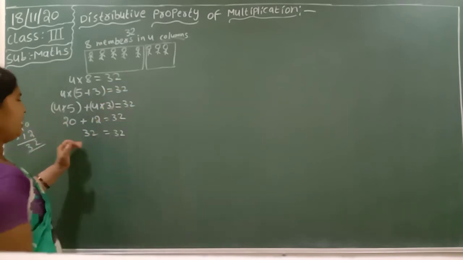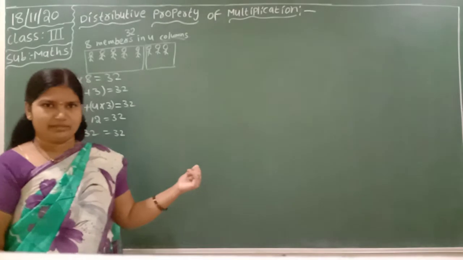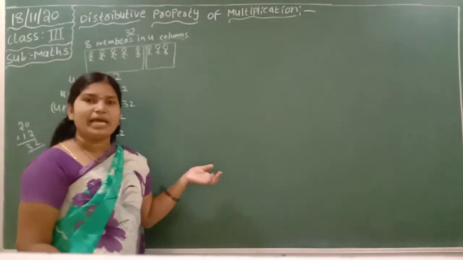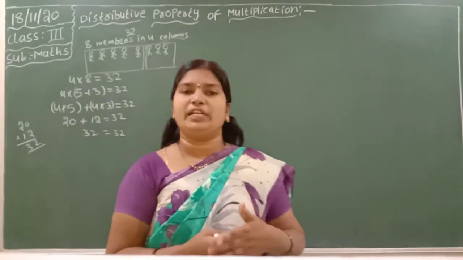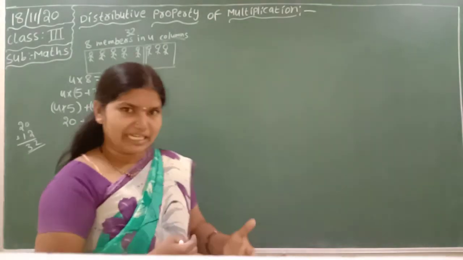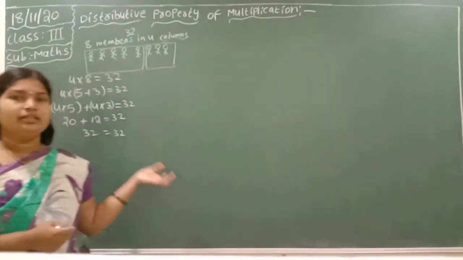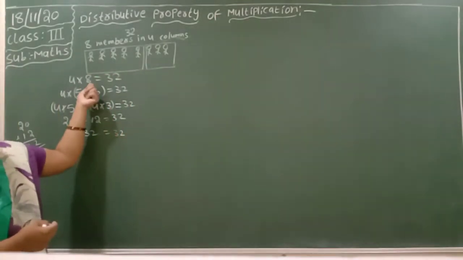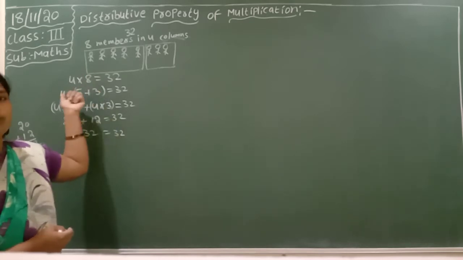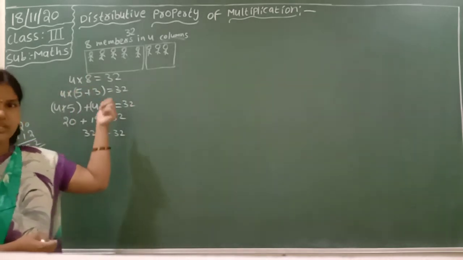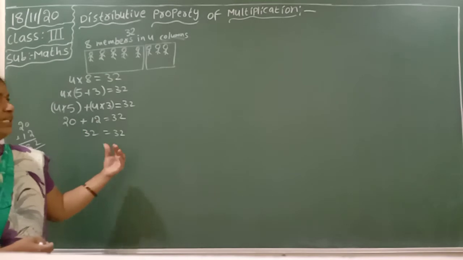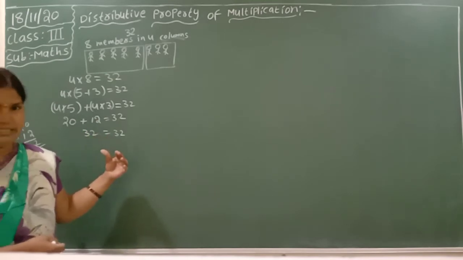Like this, by dividing also we get the same number. Okay. It is known as distributive property of multiplication. Here we just take the bigger multiplication number as smaller numbers, then multiply. It becomes easy.